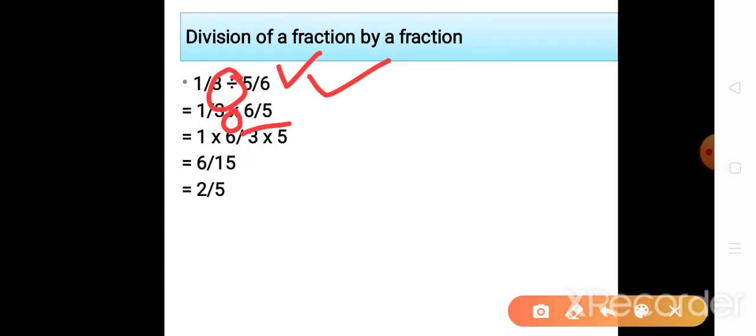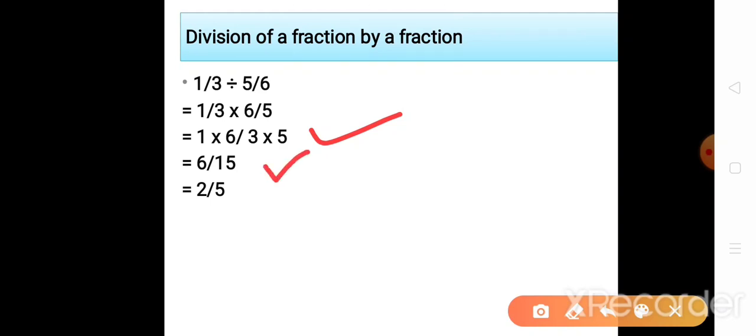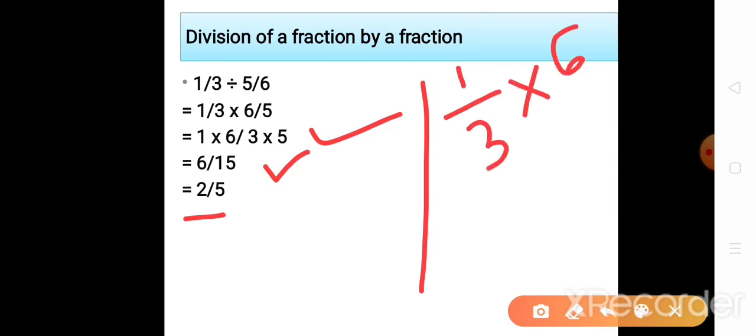And when we do that, what we are going to get is 1 into 6 divided by 3 into 5. And this multiplication gives us 6 by 15, which when converted into its lowest form gives us 2 by 5. Alternatively, you can also proceed in this way, 1 by 3 into 6 by 5.